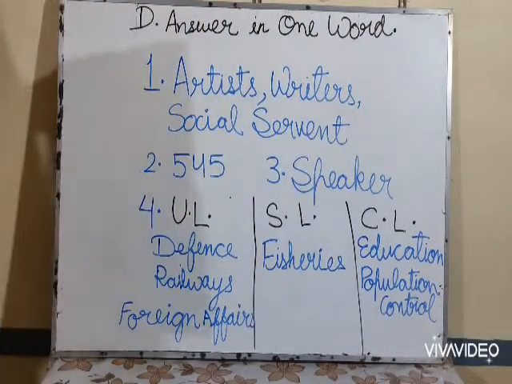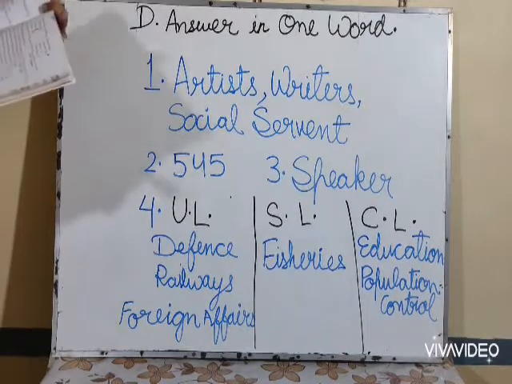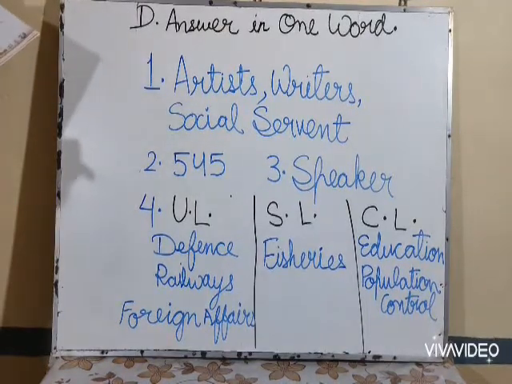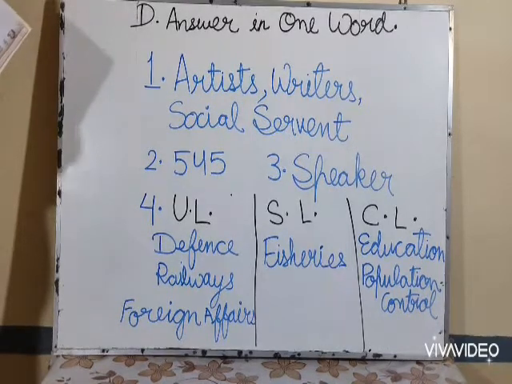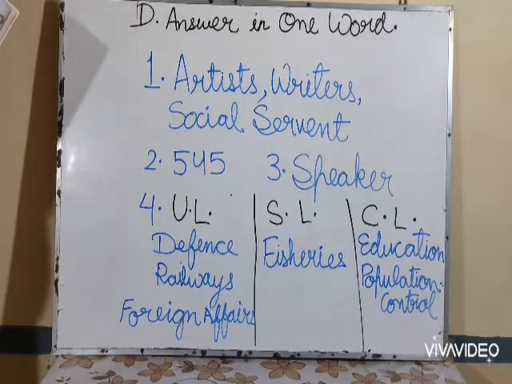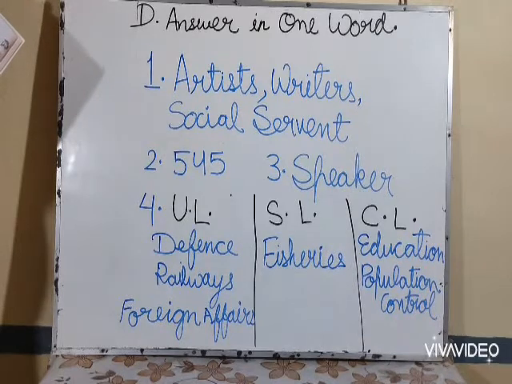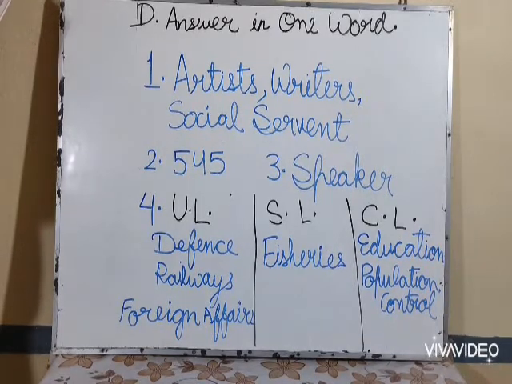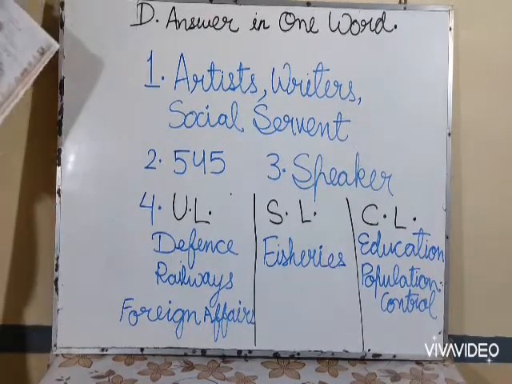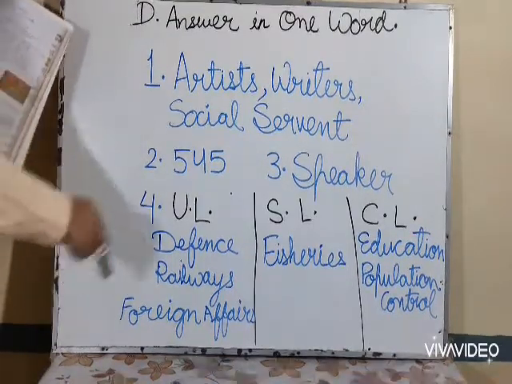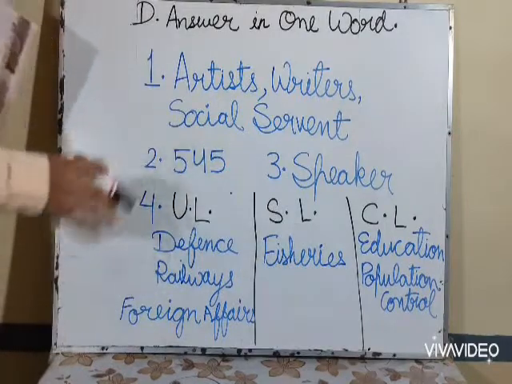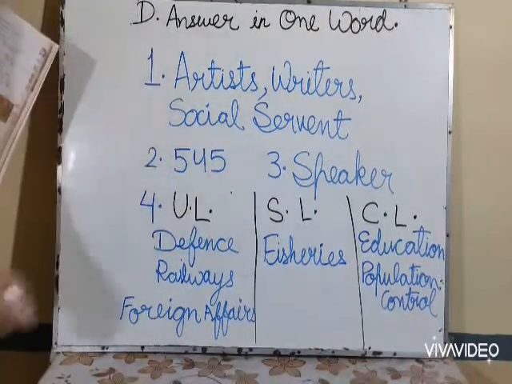Now next question is a typical one: to which list do the following subjects belong? In your book you have 4A education, 4B fisheries, 4C defense, 4D population control, 4E railways and 4F foreign affairs. But here I have mentioned all of them separately according to the list.